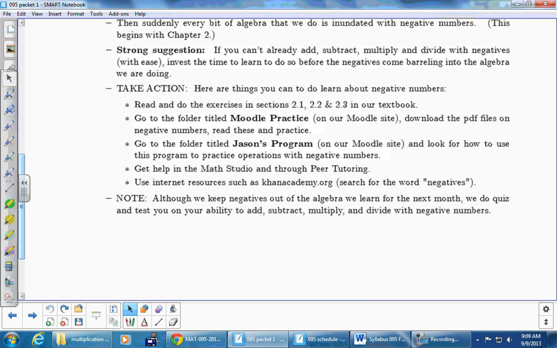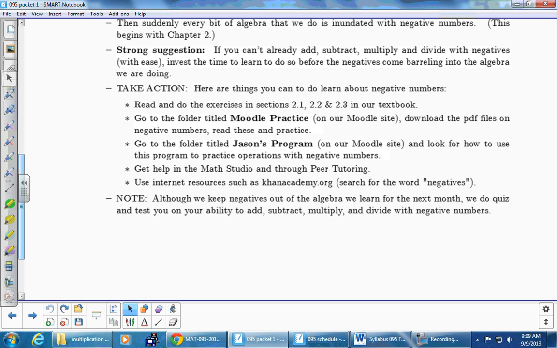Say it again. Sadie, go ahead. Go to the folder titled Moodle Practice on our website, download PDF files on the numbers.